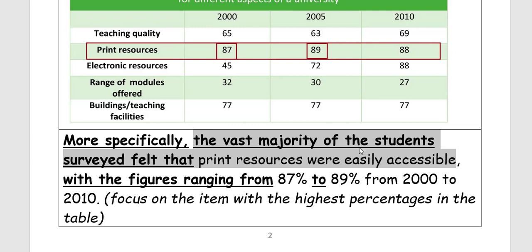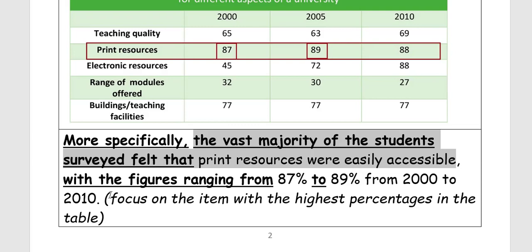And we need to use the definite article the here, because we know that we're talking about the specific students who participated in this survey. And instead of writing thought that, it's better to write felt that. It's more academic. That print resources were easily accessible.